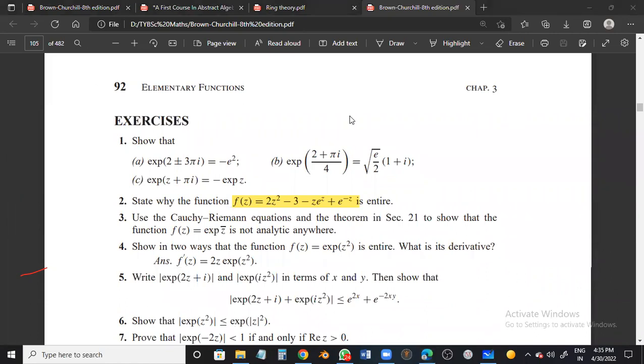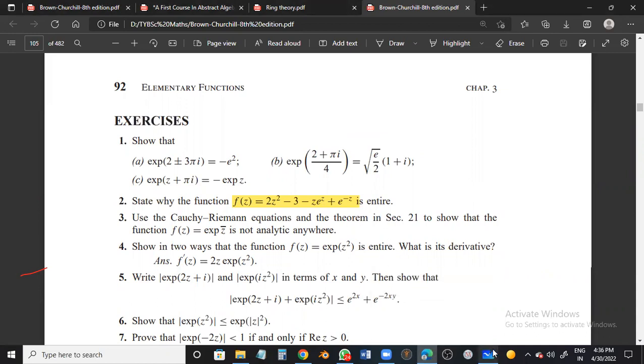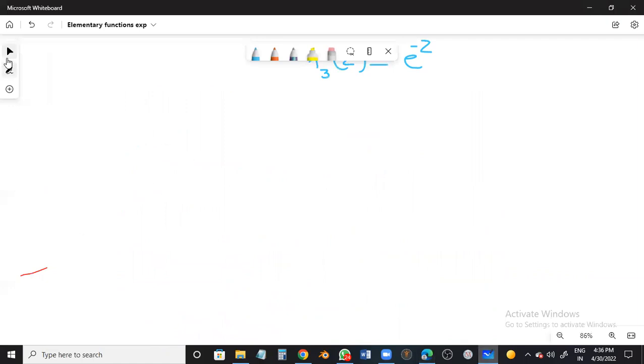The question says, use Cauchy-Riemann equations and show that the function exponential of z bar is not analytic anywhere. So already we have done this. Exponential of z bar is not analytic anywhere. So how do you write it?